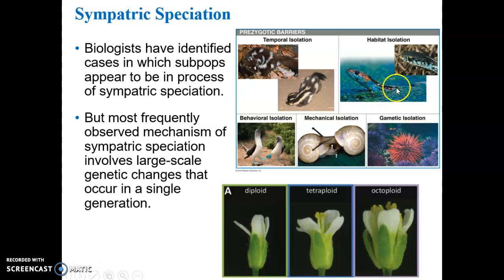If enough genetic variation builds up between the separated groups, then even if the temporal isolation or the habitat isolation is removed and the groups come into contact and try to mate, they would not successfully reproduce. Okay? But the most frequently observed mechanism of sympatric speciation involves these large-scale genetic changes called polyploidy that can occur in one single generation in plants.